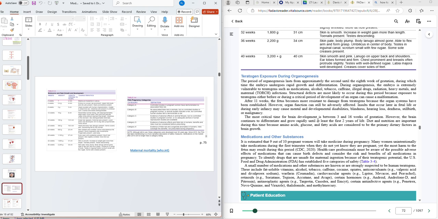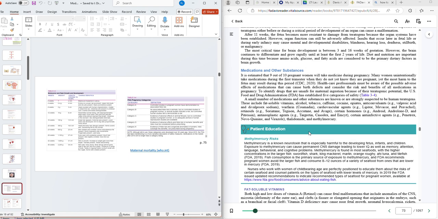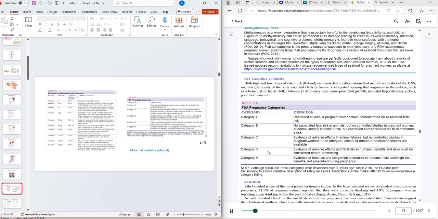Medication, substance abuse, anything. So the best thing to take during pregnancy is nothing, especially that first trimester, okay? Table 3-4 is the different categories, A, B, C, D, and X. Controlled studies say that category A is safe. Category X is fetal risk and congenital anomalies, okay?